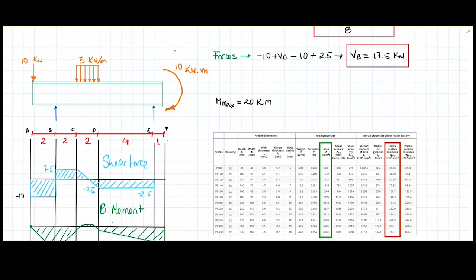I need to calculate the minimum section modulus to use, based on dividing this maximum moment by the allowable yield stress.